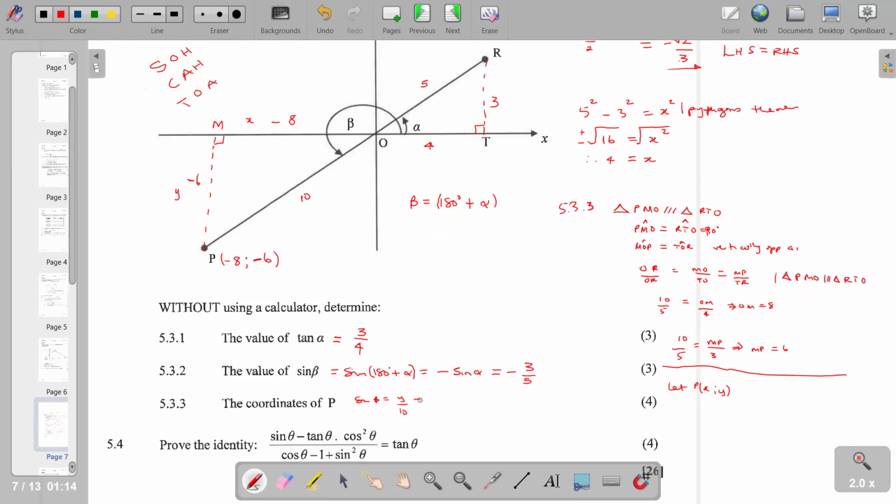But we know sine beta is negative 3 over 5. So we simplify here and get our y equal to negative 6.